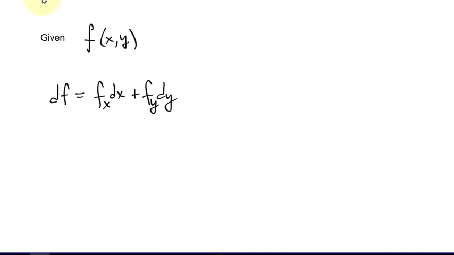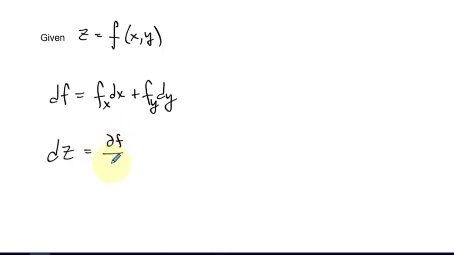Might be good to also see how this could be written other ways. We could say z is the range value of some function of x and y, and so this could also be written, the differential in z is, and just to demonstrate other notations for this, a partial of f with respect to x times the differential in x, and a partial derivative of f with respect to y times the differential in y.